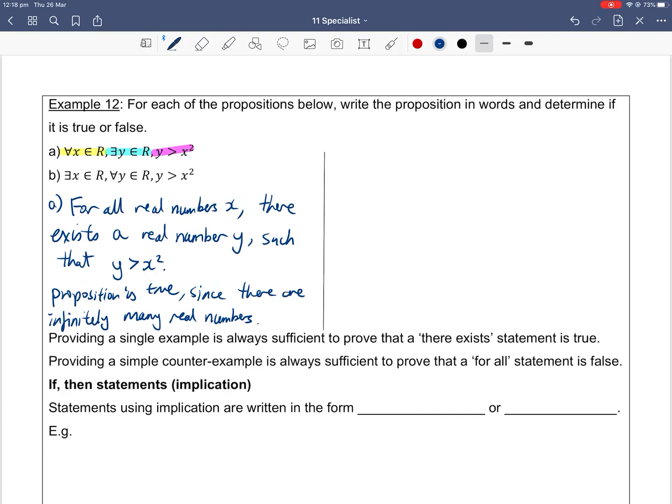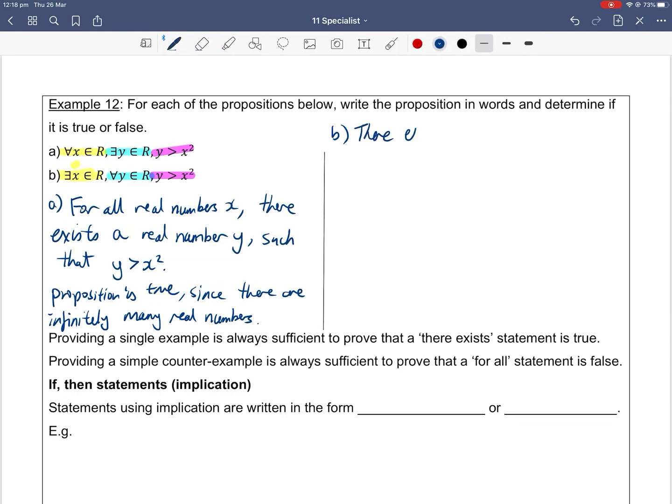So we'll look at B first and then we'll compare the difference between the two. So part B, if you read left to right, we're starting off with there exists a real value x such that for all real values y, the statement y is bigger than x squared.